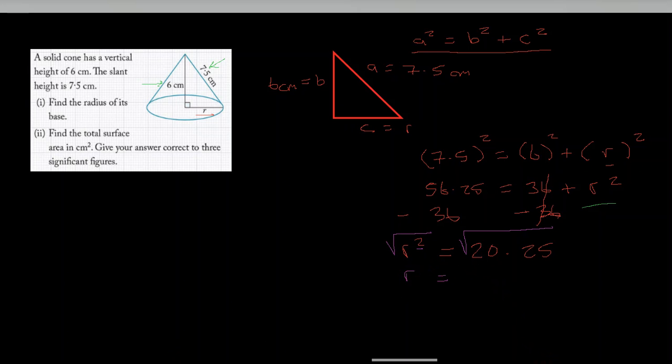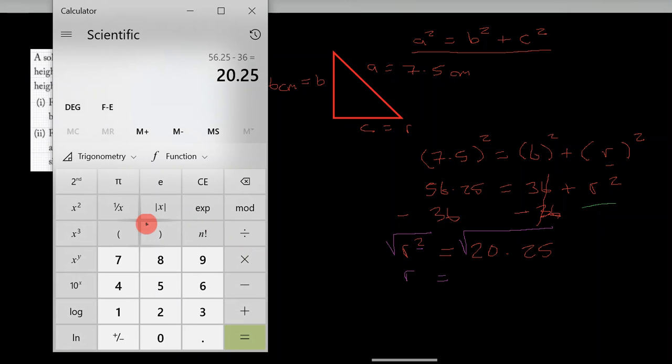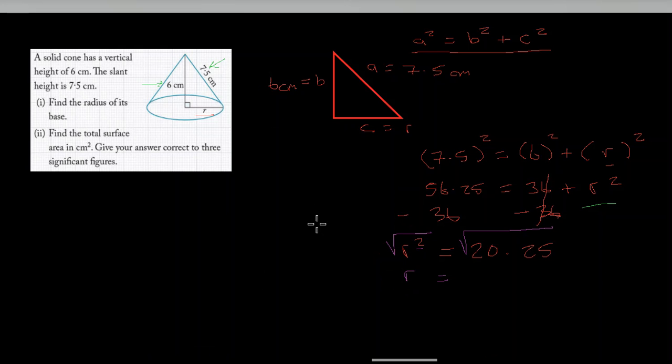So let's have a look and see what that is. The square root of 20.25 is equal to 4.5.